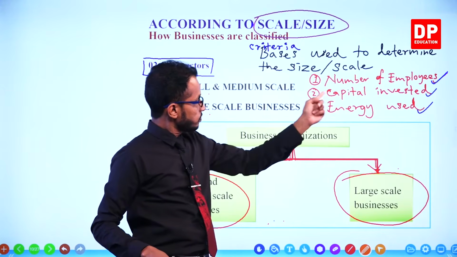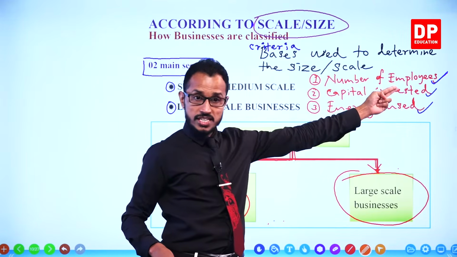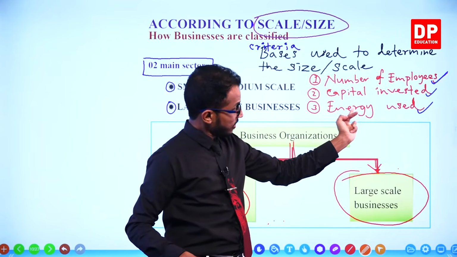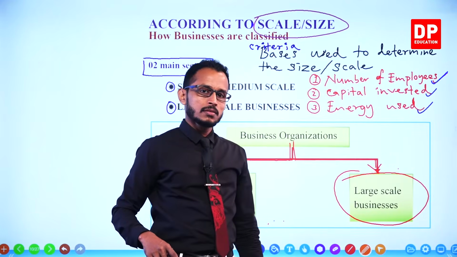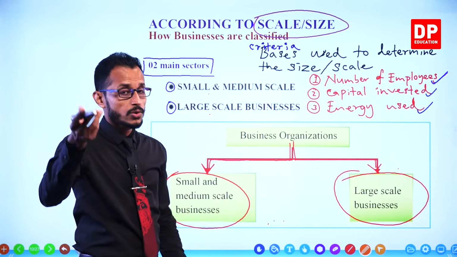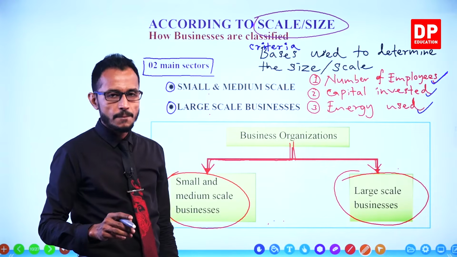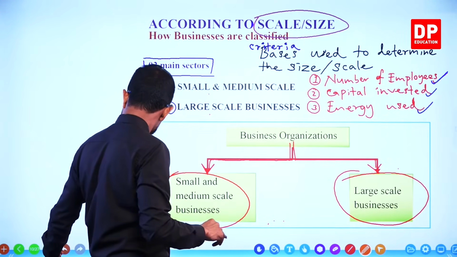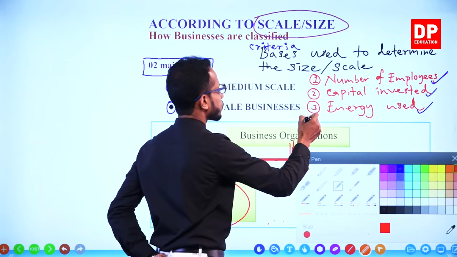The criteria, basically we consider number of employees, capital invested, energy used, and you learned another criteria, market share of the business. Very good. So I will write down that one too.